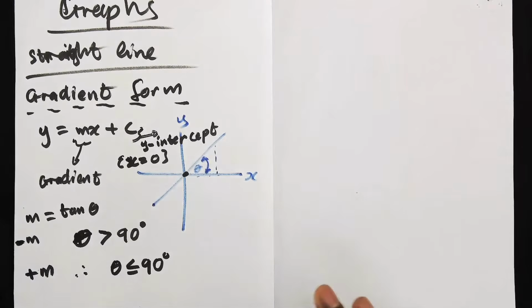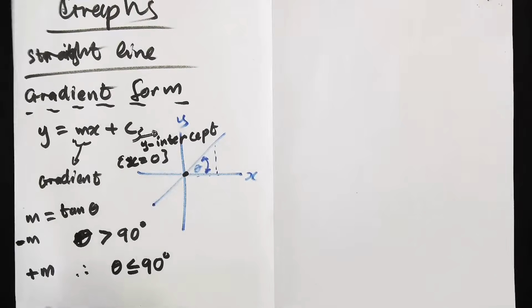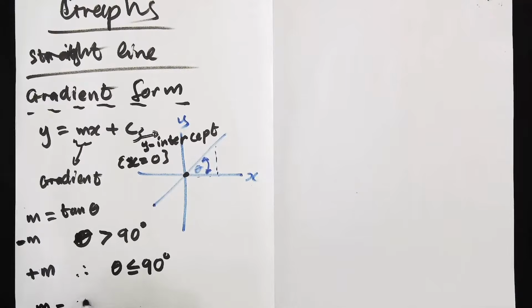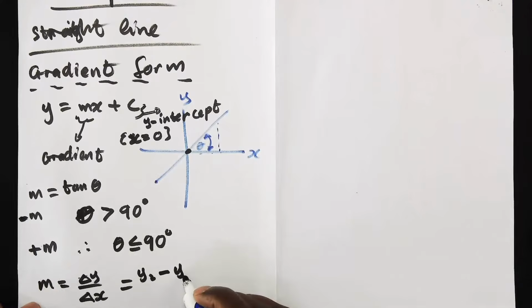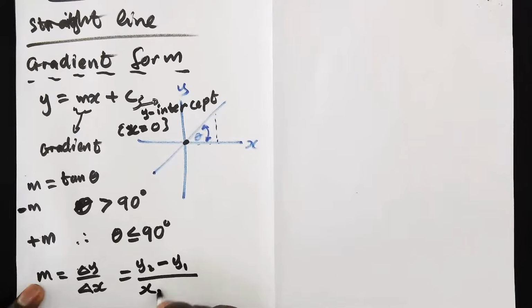So let's look into finding the gradient as I was mentioning. You can say m is equal to the change in y over the change in x. Sometimes you can utilize y2 minus y1 over x2 minus x1.